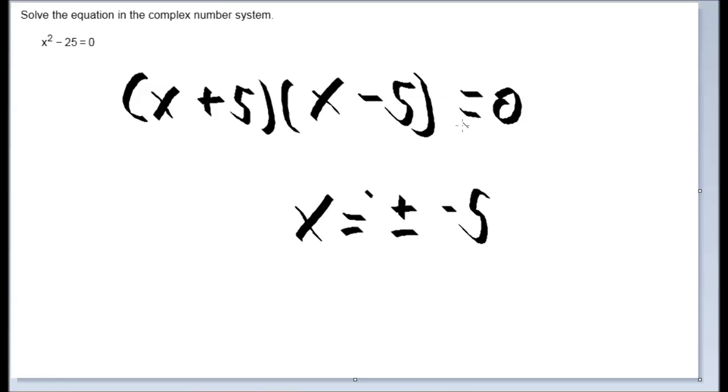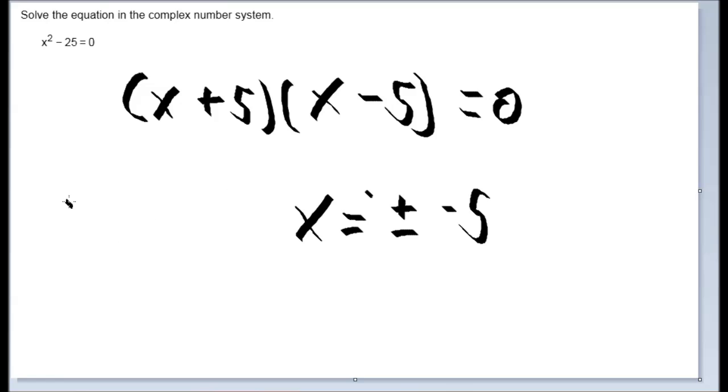You can do that inside the MyMathLab as well. Notice that these are real numbers, and real numbers are a subset of the complex numbers. So if you see the instructions say in the complex number system, that means you do include the real numbers as well. I don't know why I have a minus sign there. Let me get that fixed right there. It should just be straight minus 5.